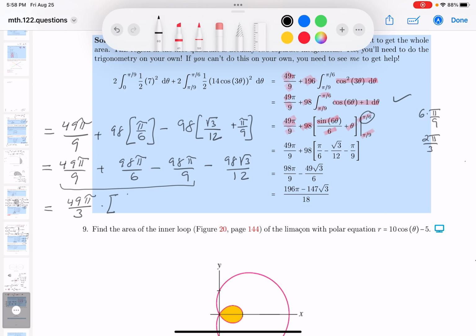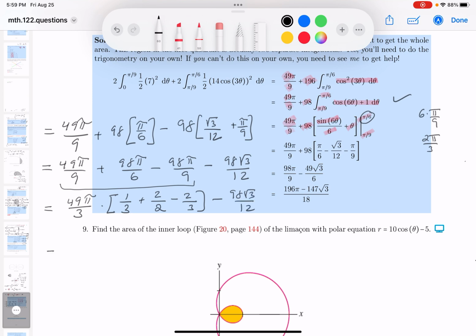You would get 1/3 plus 2. Again, I'm pulling out 49 pi, so it's 2 over 2. That was easy. Minus 2, and I pulled out a 3. All right, minus 98 root 3 over 12.